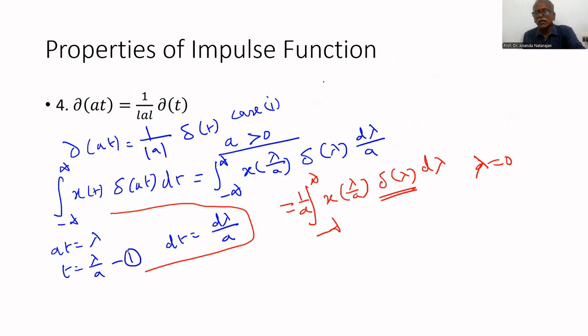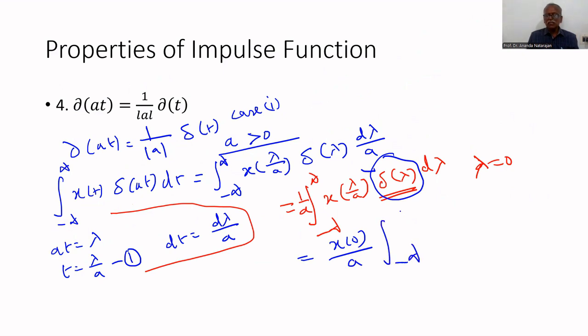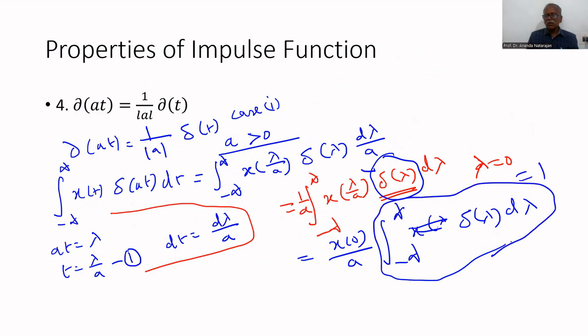Therefore, here this will exist only at lambda equals 0. So we can say x(0) divided by a, both are constants, that's why they are taken outside, times the integral of δ(lambda) d lambda. This is equal to 1, the property of the impulse function. Therefore, this is equal to x(0) divided by a.